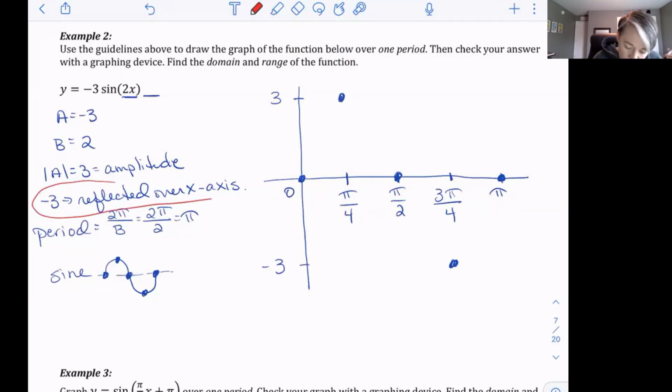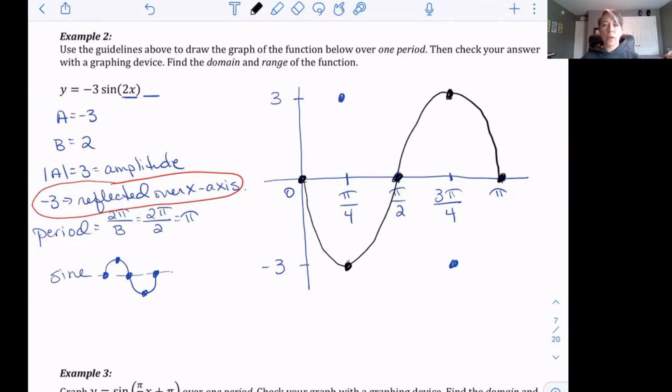But we have one last piece, the fact that it's reflected over the x-axis. At the zeros, those stay because they're on the x-axis, but those other 2 points are going to flip. So at pi over 4, we're down at -3. And at 3 pi over 4, we're up here at 3. So that's our final answer.